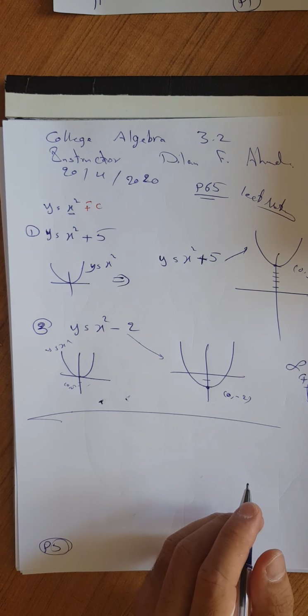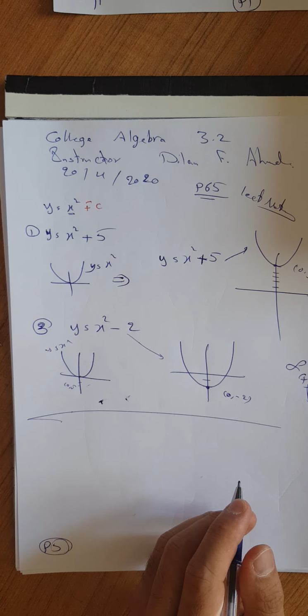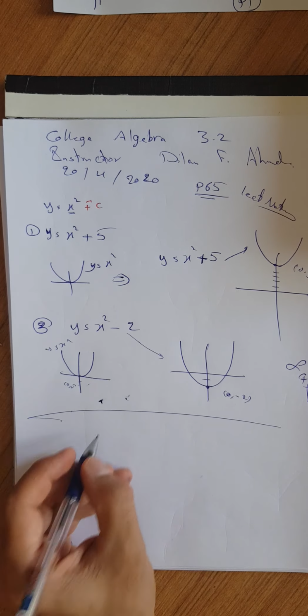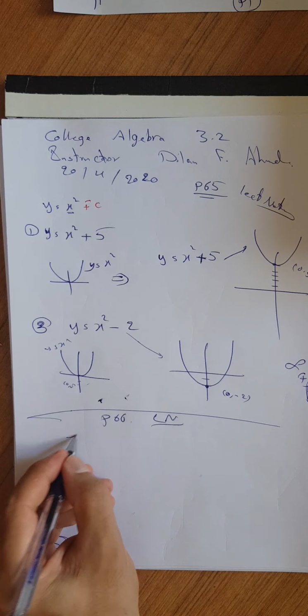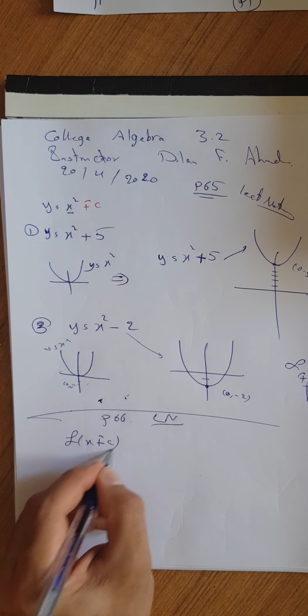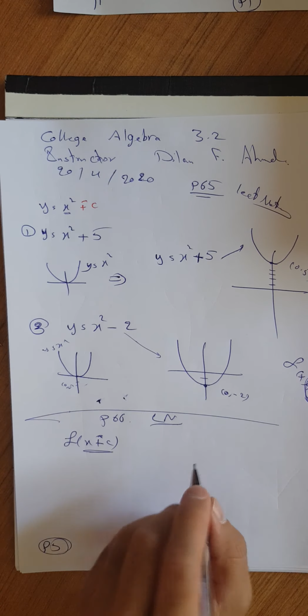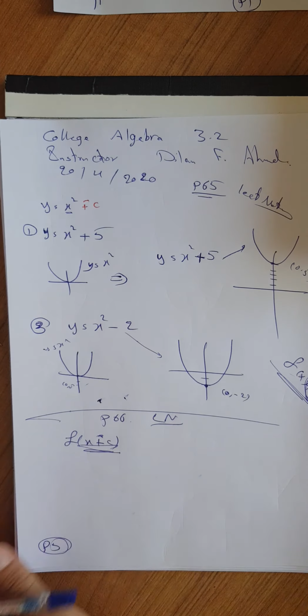Later you can check page 66 in your lecture note, where you can see f of x minus or plus c inside the function. So this one is the outside and this one is the inside.